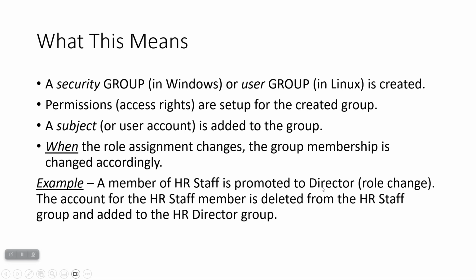If we do this right, that means that the temporary or permanent promotion will be in place, and all it takes is one command, one action. And then if the previous director is removed, then their access is removed because they're no longer in that role.